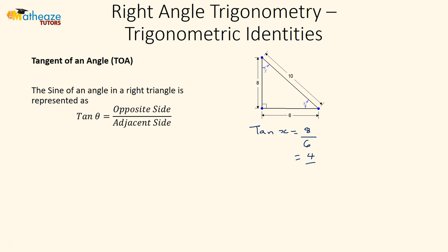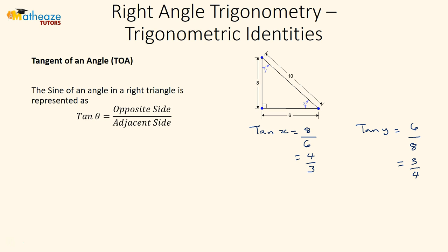This gives us 4/3. And then tan Y is the opposite, which is 6, divided by the adjacent, which is 8. This is going to give us 3/4. So this is seen as TOA.